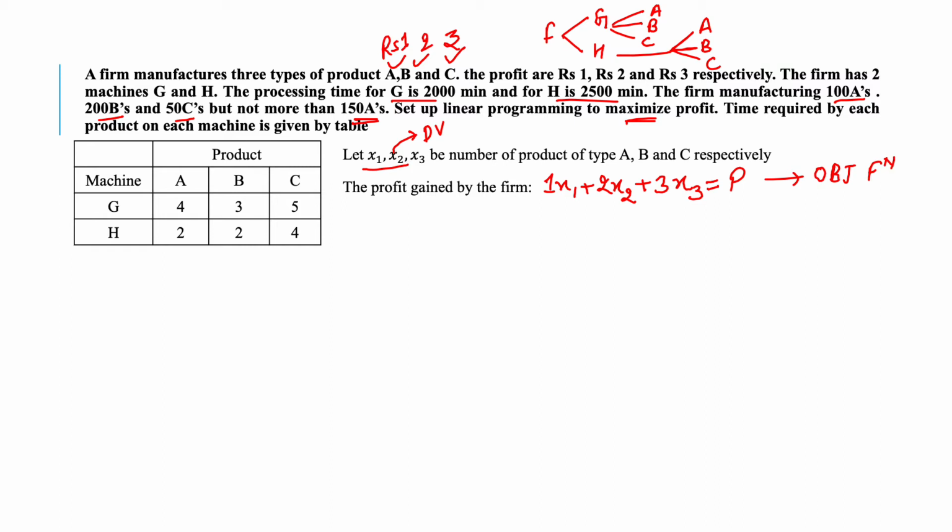Okay, next is the constraints. I got my decision variables, I got my objective function. At last I need the constraints on my objective function. So the constraint is given by processing time.